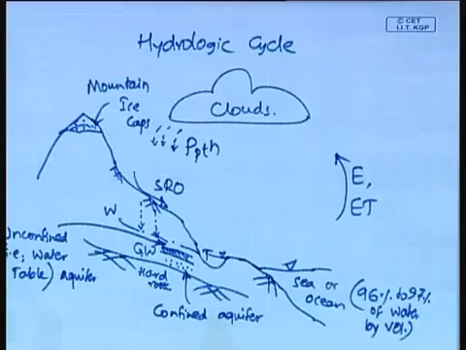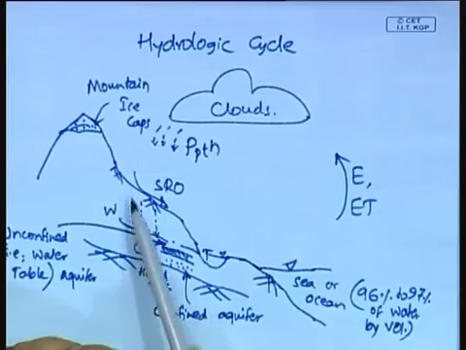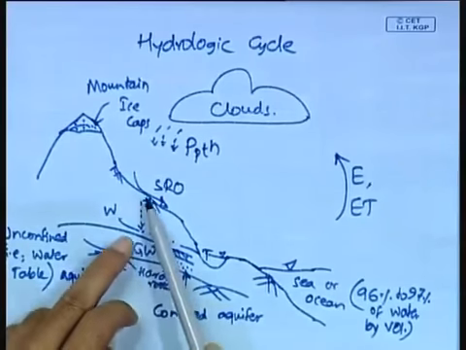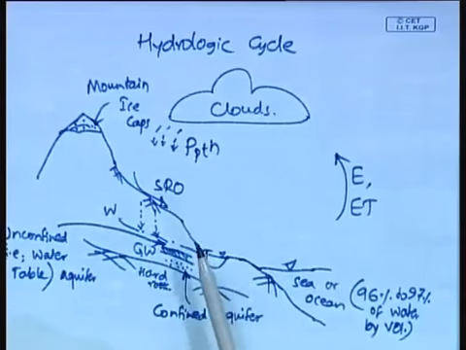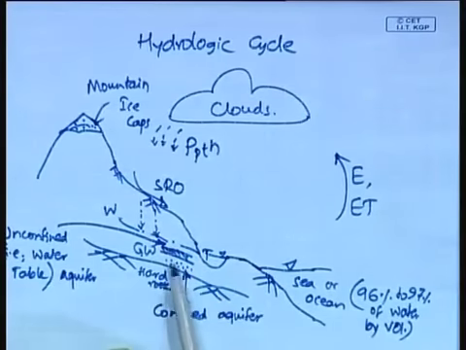Therefore, how important it is to manage this groundwater, to maintain its supply and demand, so that the water table should be at a reasonable depth below the ground. It should not be too deep, it should not be too shallow. If it is too shallow, it may create drainage and waterlogging problems, and if it is too deep, then extracting groundwater will require a lot of energy and cost.